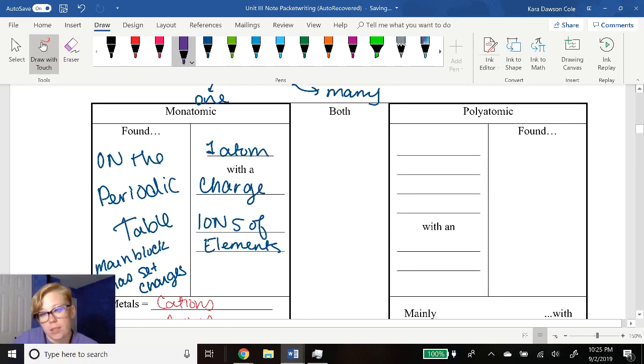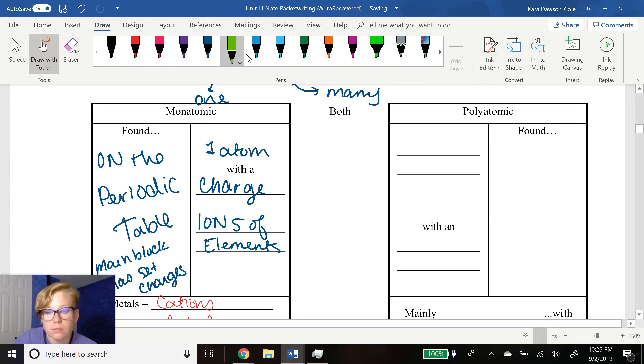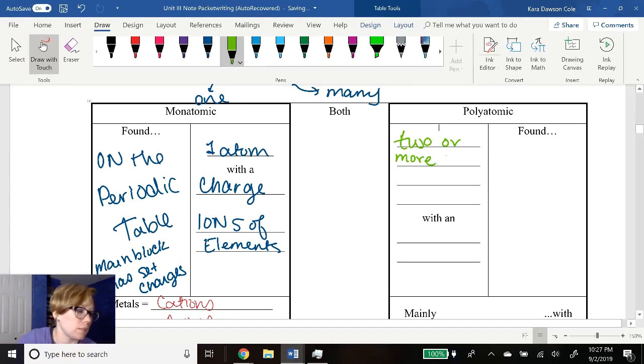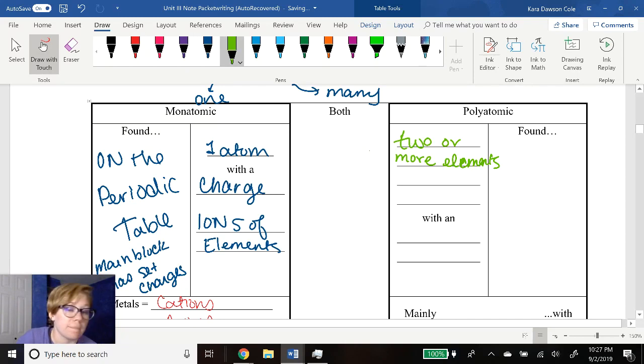Okay, so then we have polyatomic ions. As their name suggests, these guys contain two or more elements covalently bonded with an overall charge.